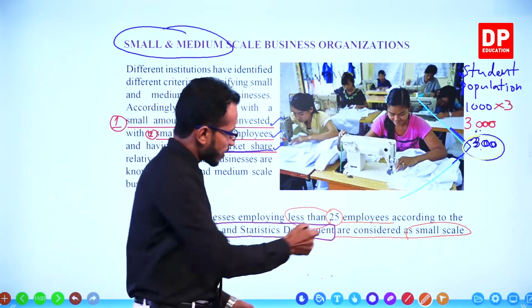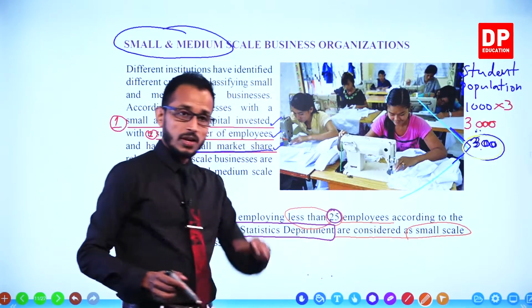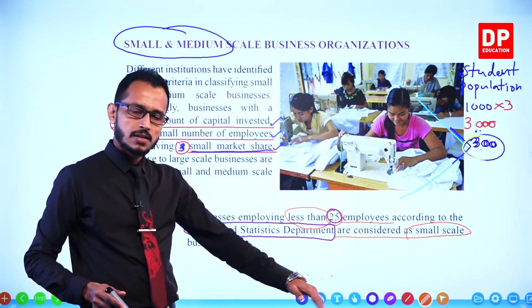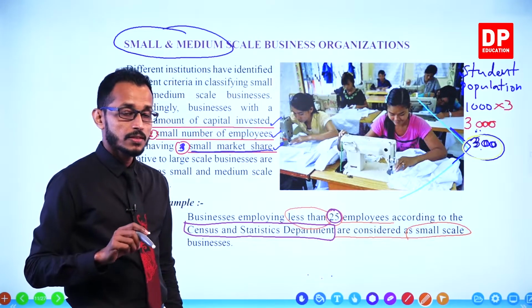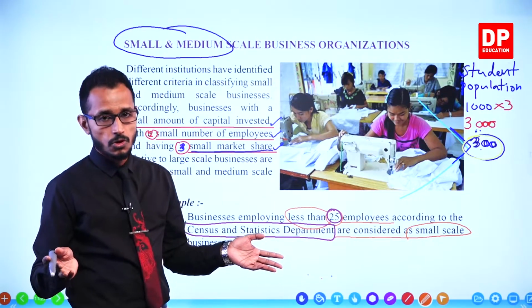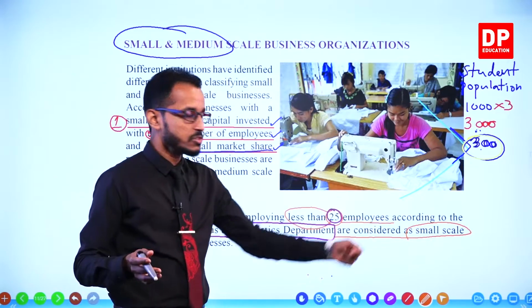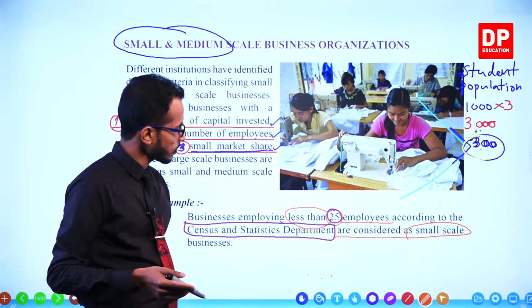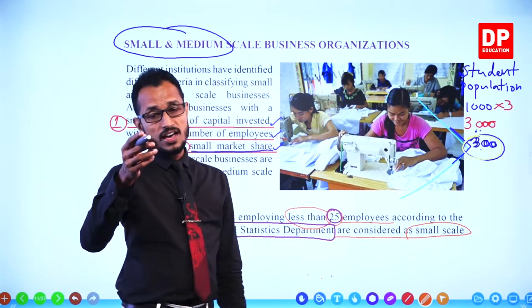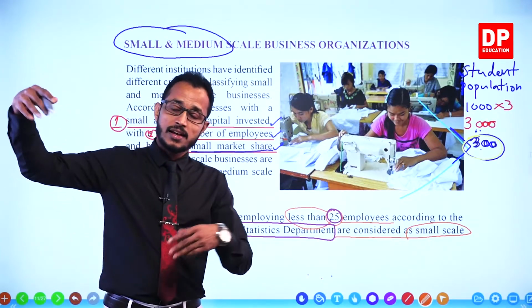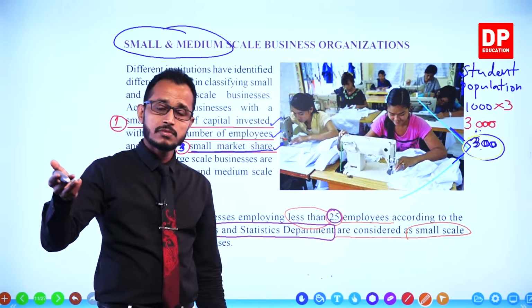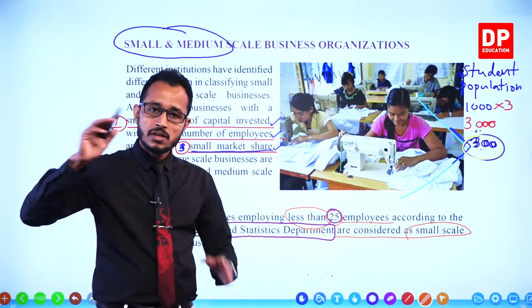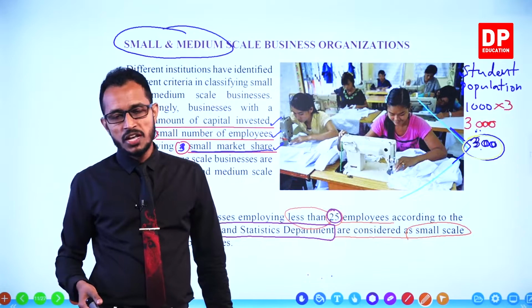They are saying that if you have 25 employees or less in your business, then it is a small or medium scale business. If you have more than 25 employees, like 100 or 200, maybe even 35, then it's a large scale business.